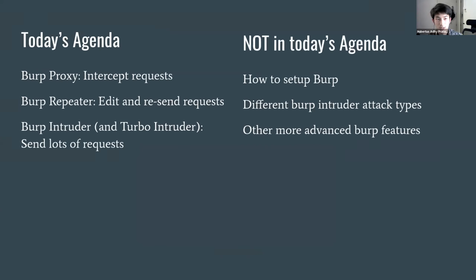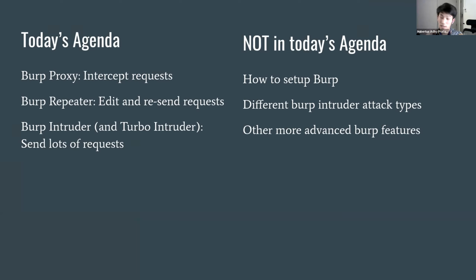In today's agenda, as Felix has mentioned, I will just cover the very basic Burp functionalities. If you go to Burp's website and buy the Burp Professional license, you will get much more from Burp, like passive scan, active scan, and other fancy stuff.